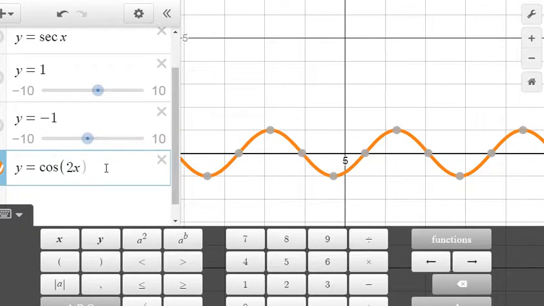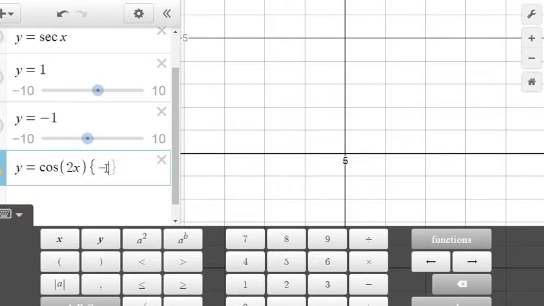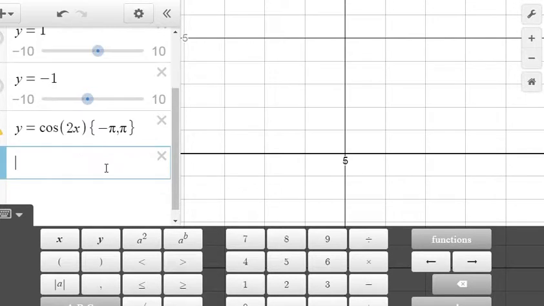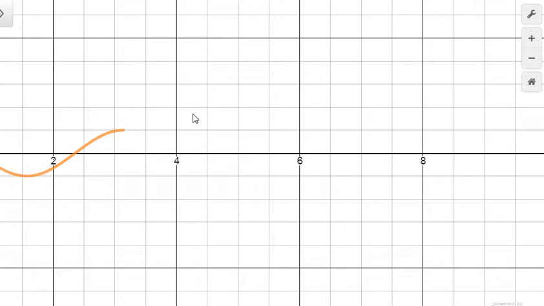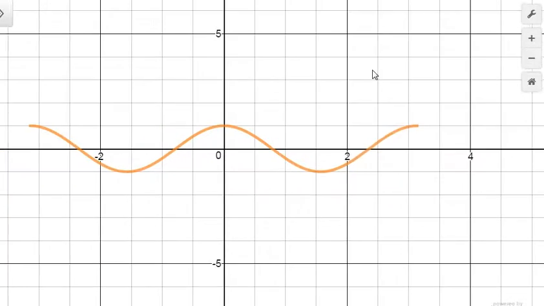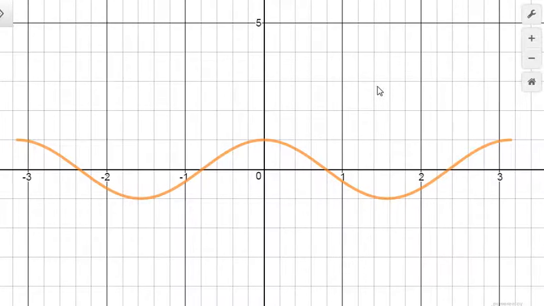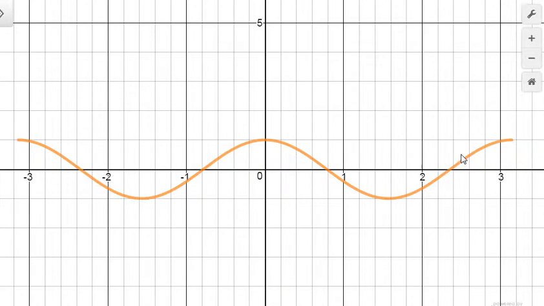In fact, you can do this: -pi less than x less than pi. That's a little bit better. So all we have to do is worry about the function on this interval.